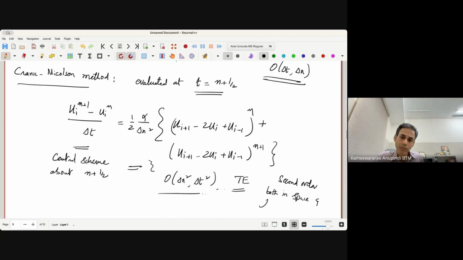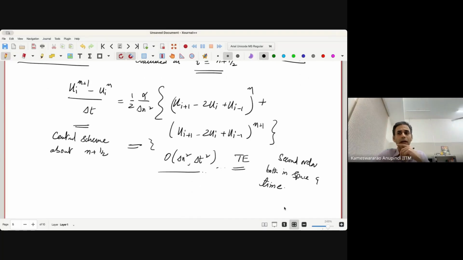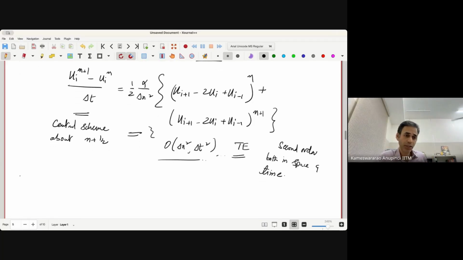Okay, fine. So now we have to do the same analysis. That is, we have to see, is this method going to be stable or not? For that, we're going to apply the von Neumann stability analysis.